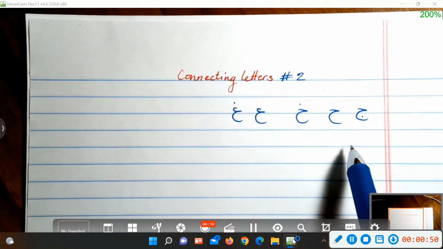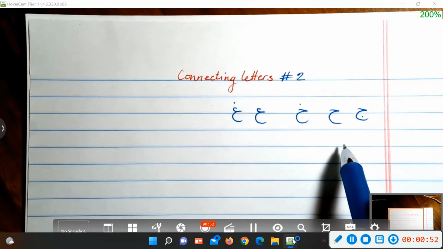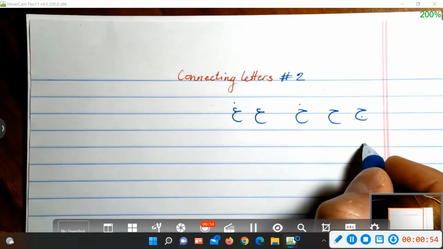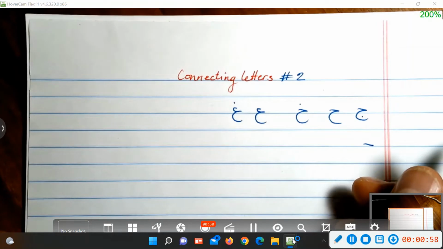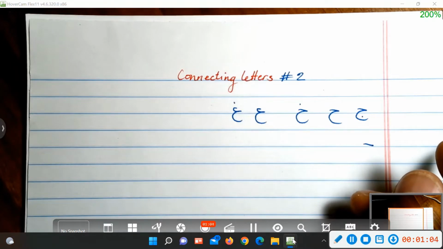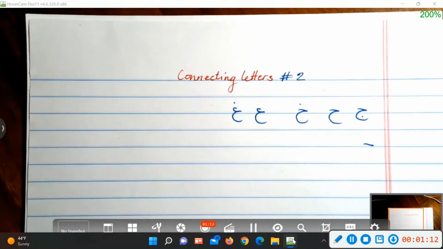And these letters, when they are connected, if they are at the beginning of the word, always when we connect any letter, if you remember from the principles we studied earlier, we always keep the head and forget about the tail.